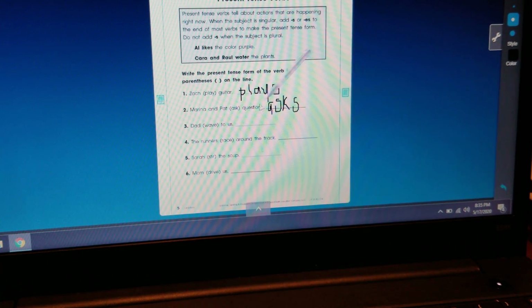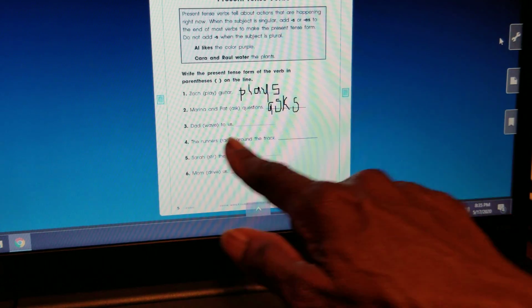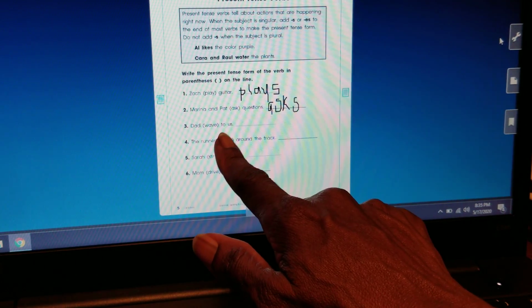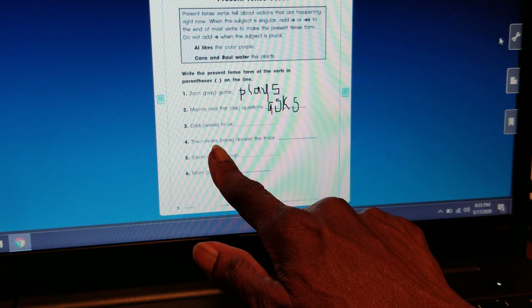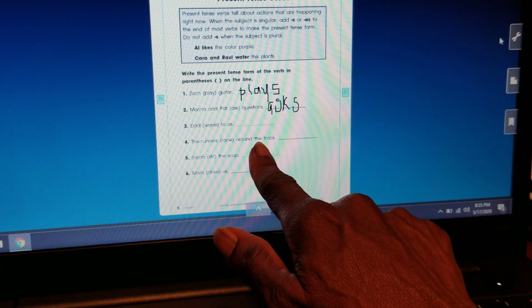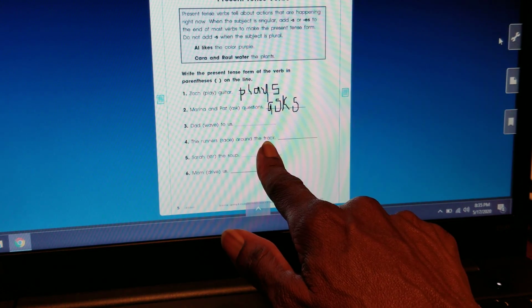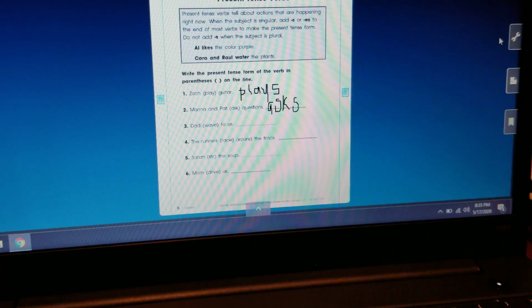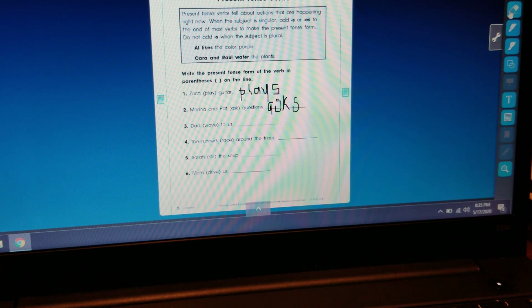So these are present tense verbs, so they will need an S. Dad waves to us. The runners race around the track. Okay? Let's change something. I just realized that I made a mistake.